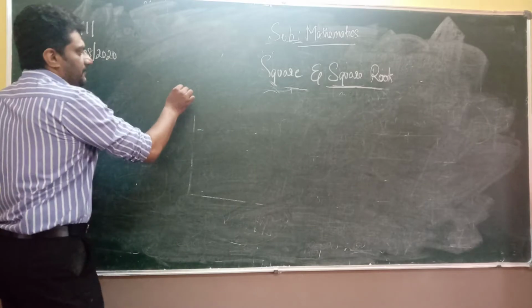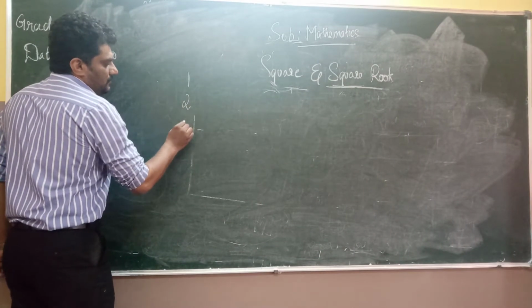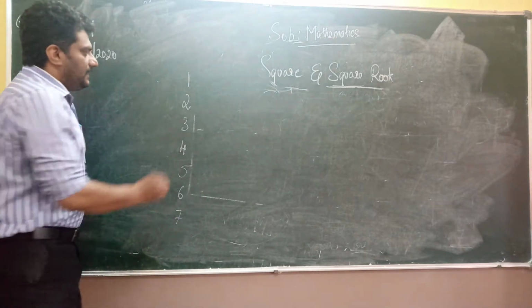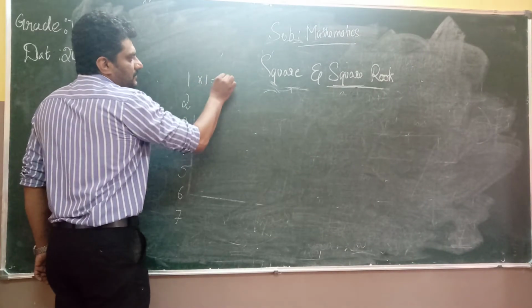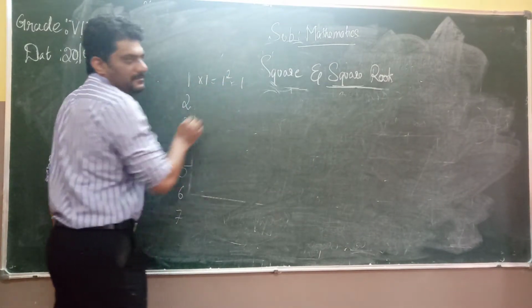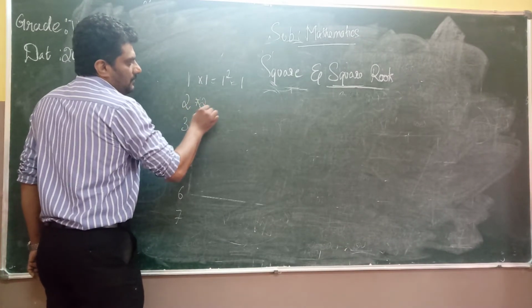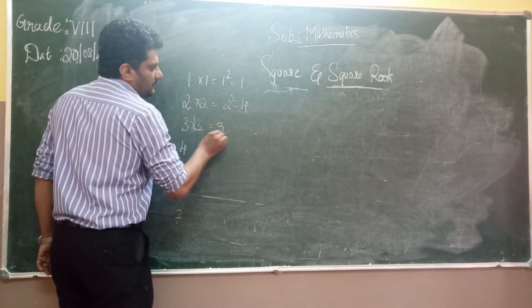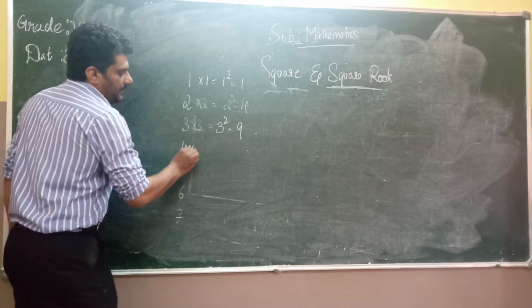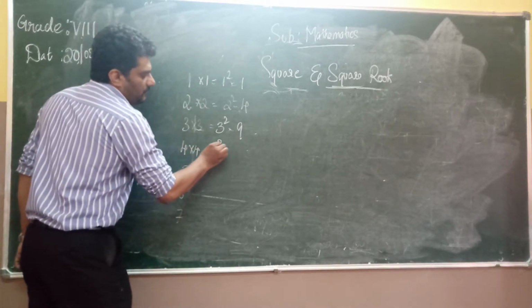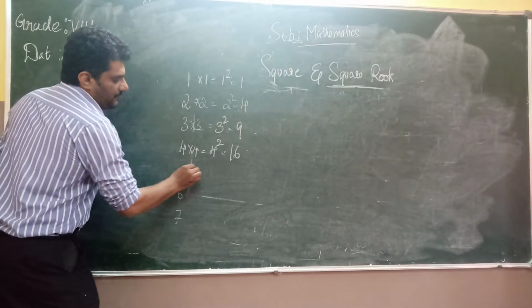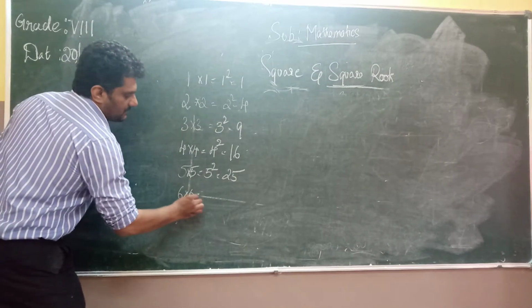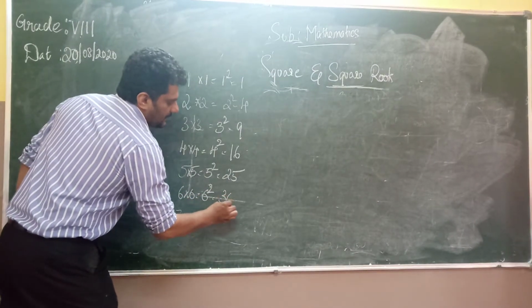Square numbers are nothing but, if you start with the numbers 1, 2, 3, 4, 5, 6, 7 and multiply each by the same number, you get the square number. 2 square is 4, 3 square is 9, 4 square is 16, 5 square is 25, 6 square is 36.